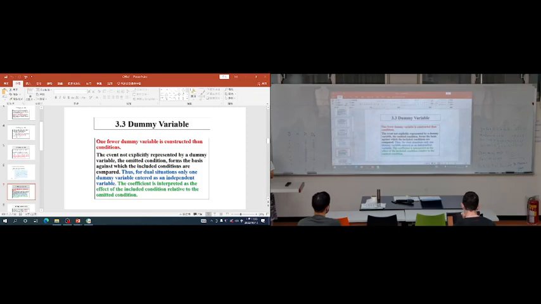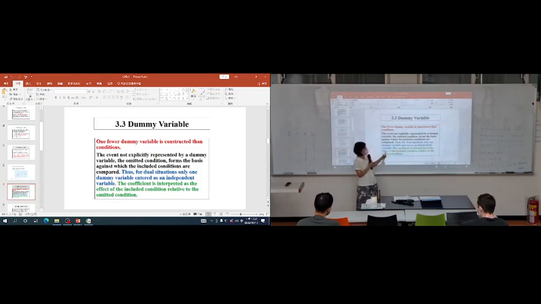For dual situations, only 1 dummy variable enters as an independent variable, and the coefficient is interpreted as the effect of the included condition relative to the omitted condition. Here the omitted condition means 0, and the included condition means equal to 1.